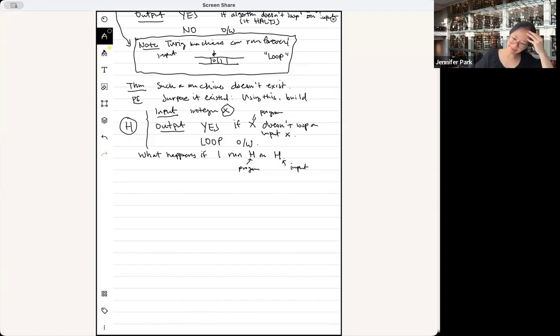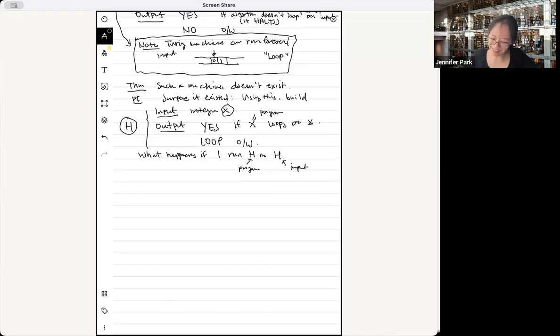Let me think about this. If h halts on h, sorry, if x loops on x, and then otherwise.